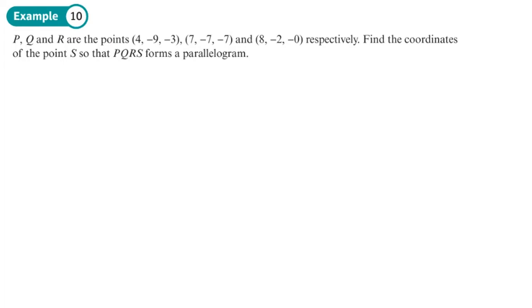In this question here, we've got 3 points of a quadrilateral, and in fact it forms a parallelogram. And I know 3 of the corners. It says find the 4th one. Now this is where working out the jump between different points actually makes things quite easy.